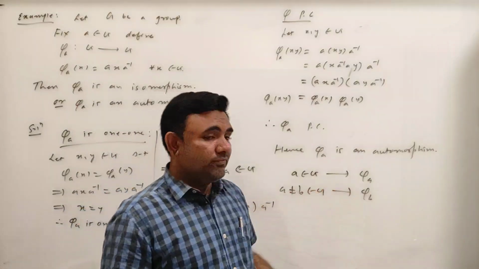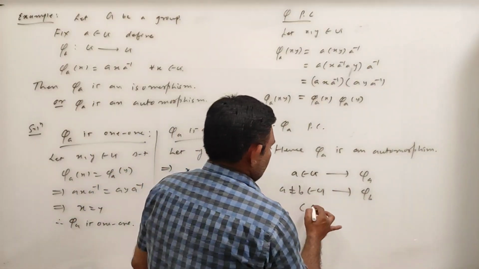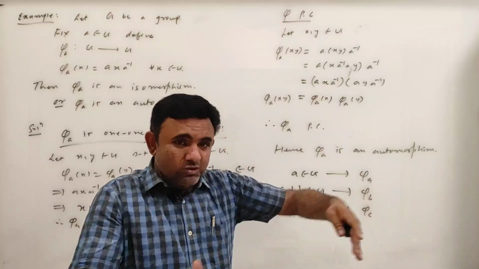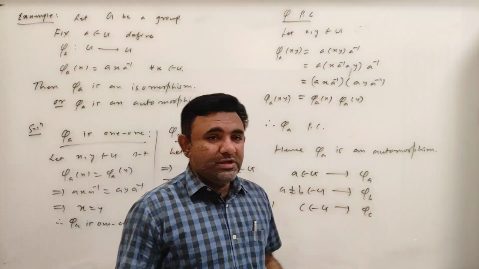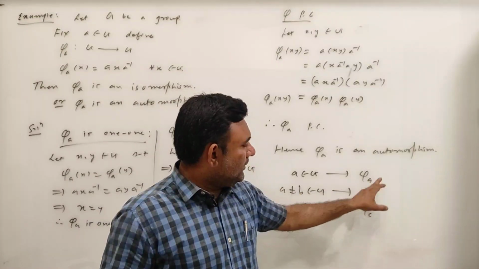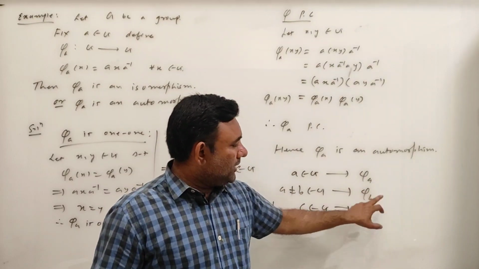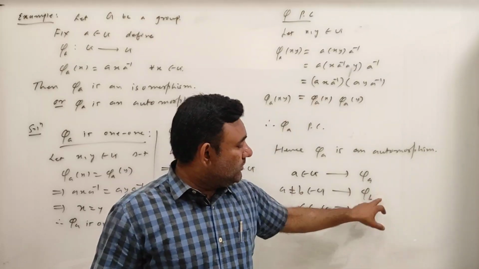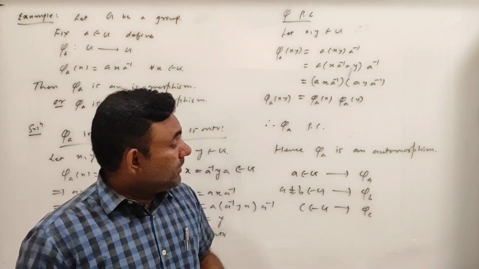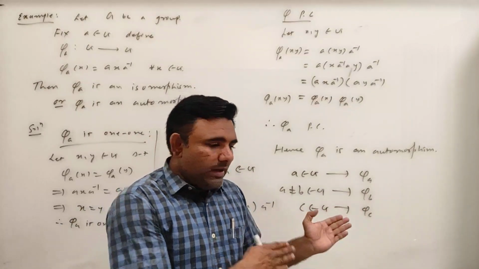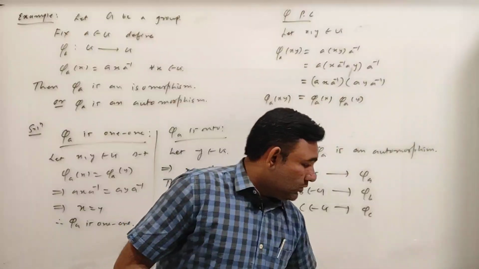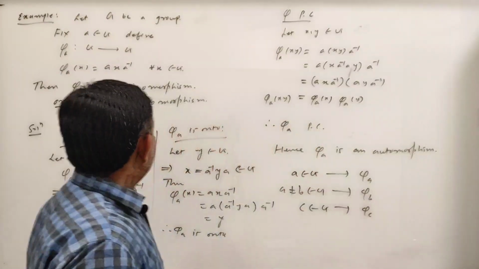We'll see what happened with phi A and phi B. Now if C belongs to G, then you consider phi C. Suppose phi A, phi B, phi C are all distinct. These are functions, and if they differ at even one point, then they will be different. So suppose they are different, then for every element in G you have distinct automorphisms, right? And they can be the same also. Okay, let us see.